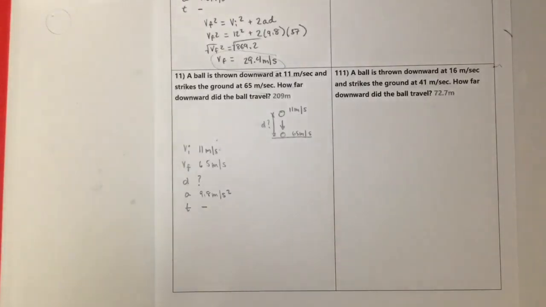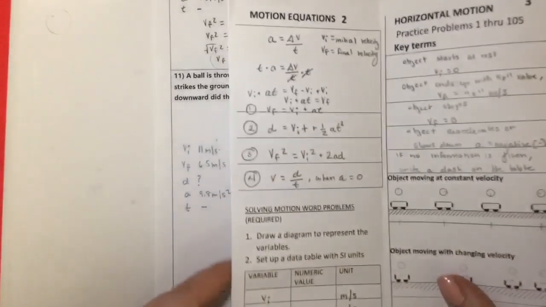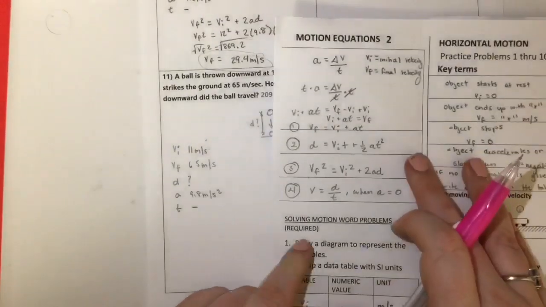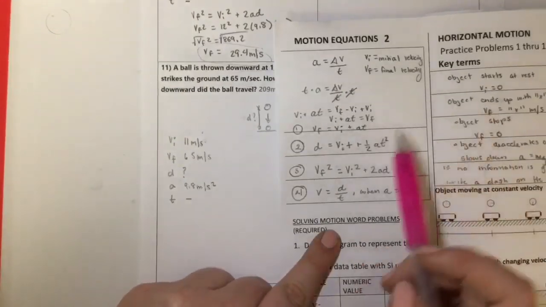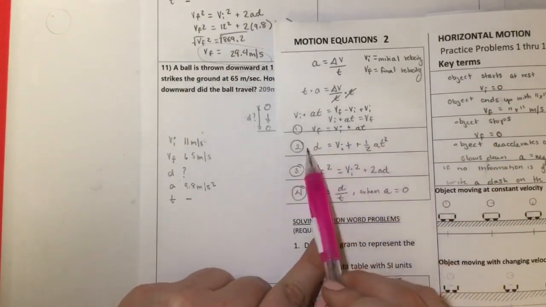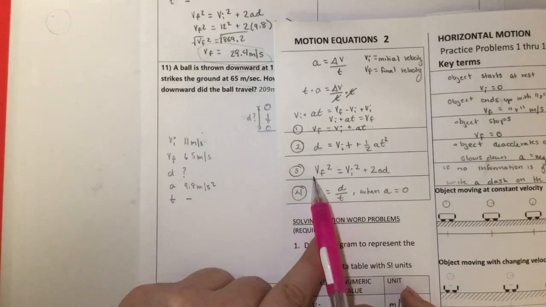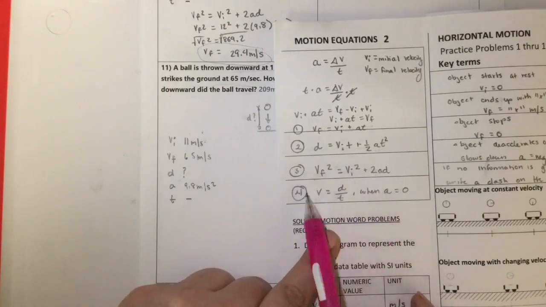Okay, so now once again, let's go ahead and look at our motion equations. We need to look for one that doesn't include time. So this one includes time, this one includes time, this one does not include time, and this one includes time.